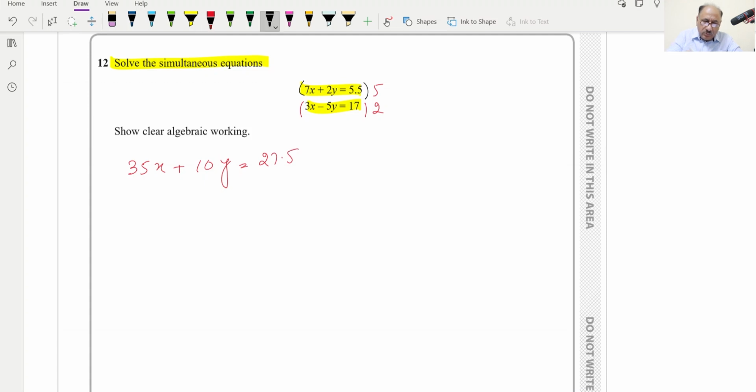And the second equation will be 2 into 3, which is 6, so 6x minus 10y is equal to 34. And now we can add them.